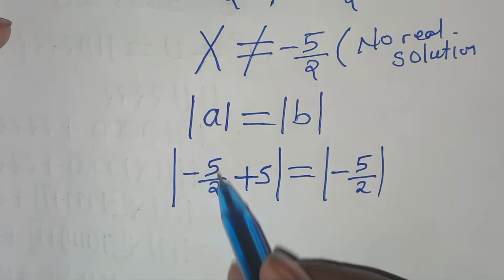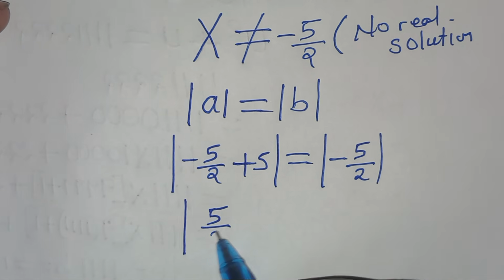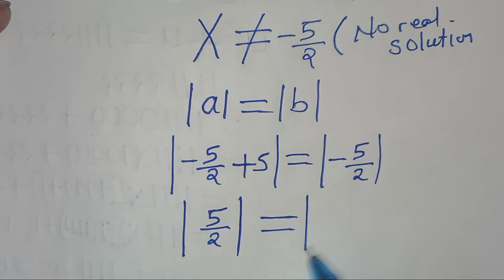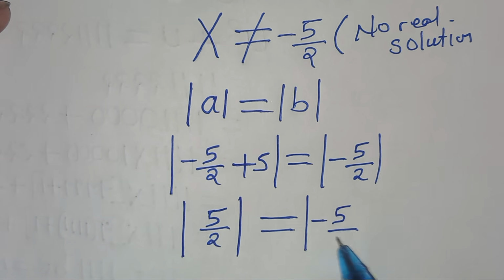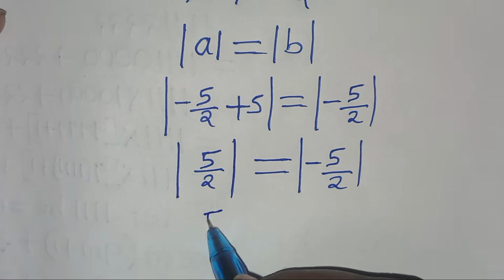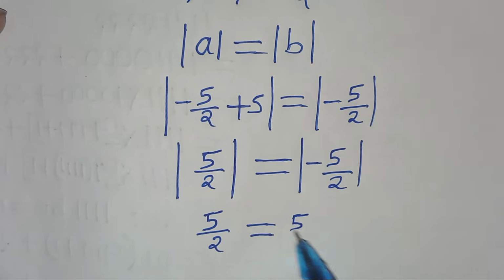Remember, minus 5 over 2 plus 5 is equal to 5 over 2. This is the absolute value of 5 over 2, which is equal to the absolute value of negative 5 over 2. And this implies that this is the same thing as 5 over 2, equal to 5 over 2.